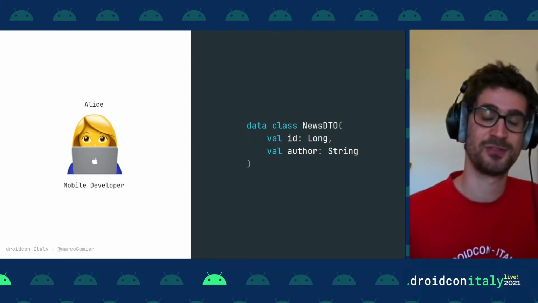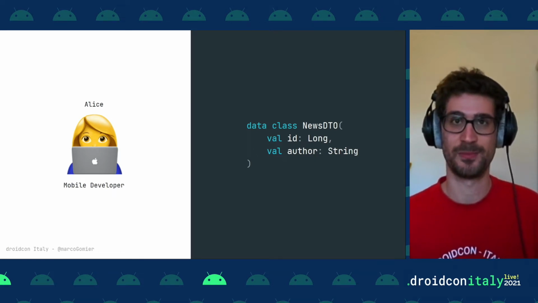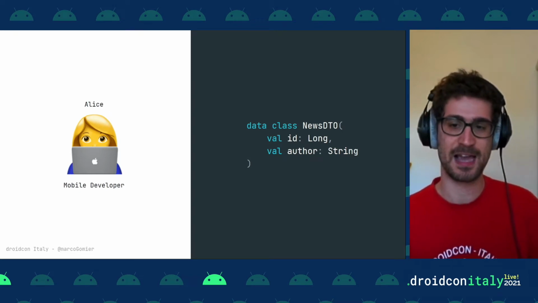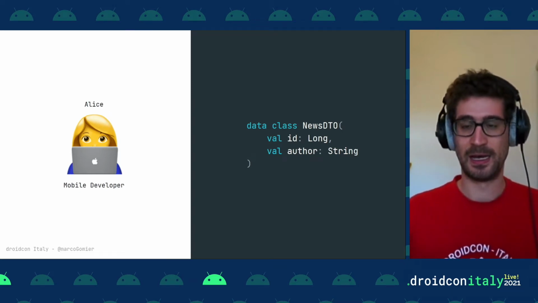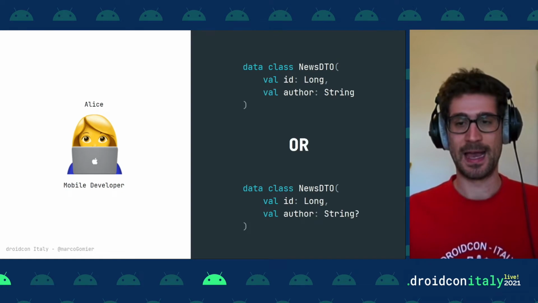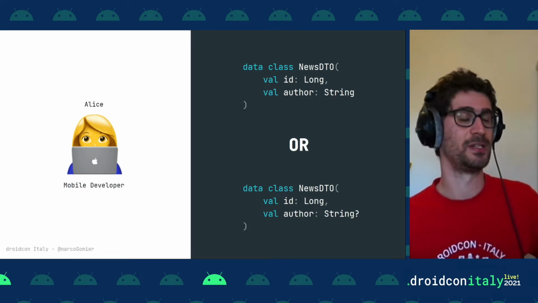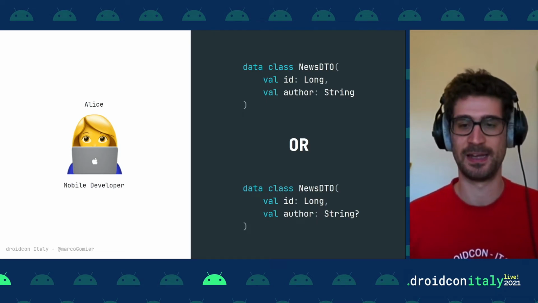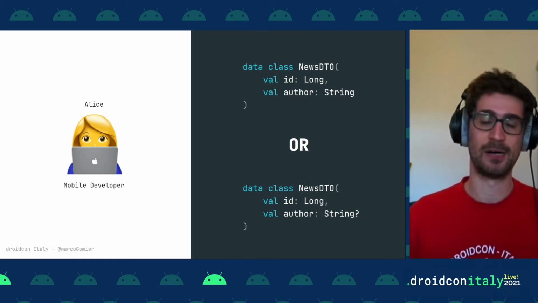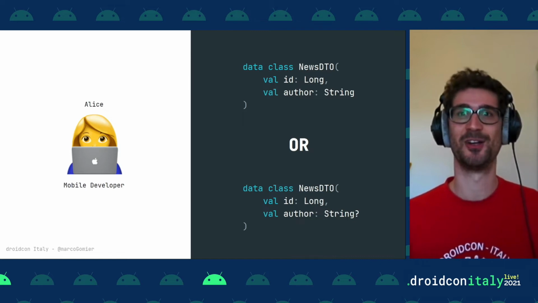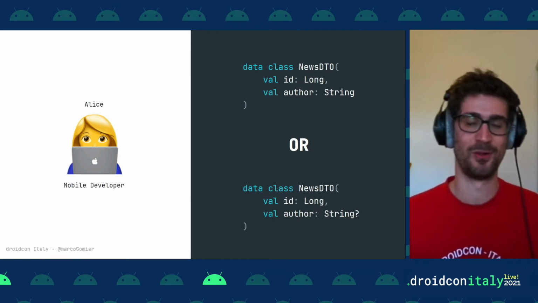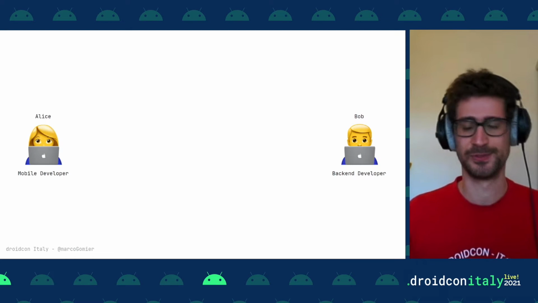So she has to retrieve the data from the backend and use this kind of DTOs. A really simple one. But actually she sees that something is not working as expected, and in particular the author string seems not to be working because it seems nullable, but it shouldn't.